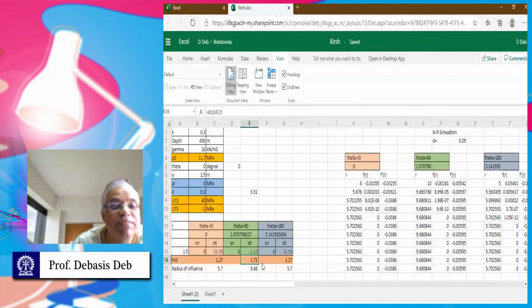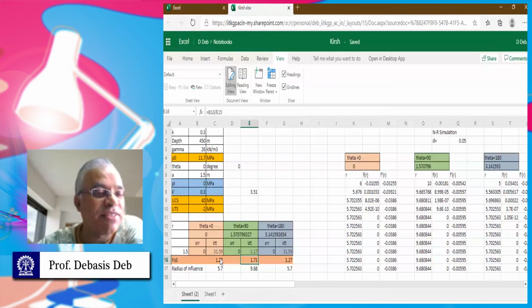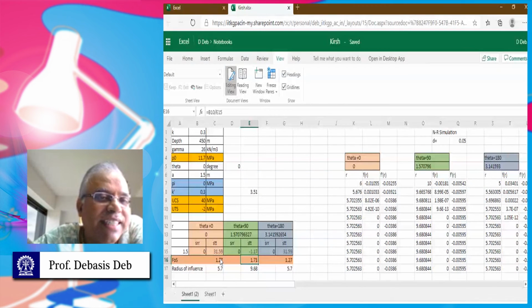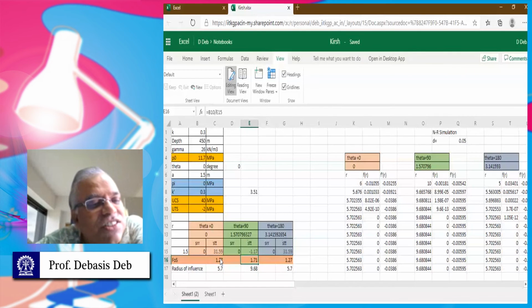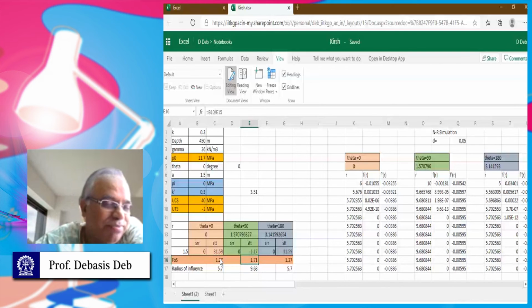So here, if it has to break or fracture, it has to fracture by tension. Normally if the factor of safety is more than 1, we tend to call it safe, meaning that strength is more than the stress.